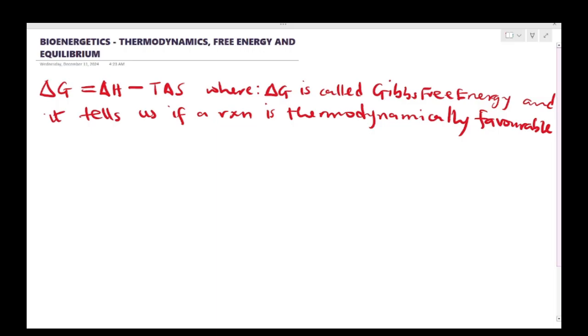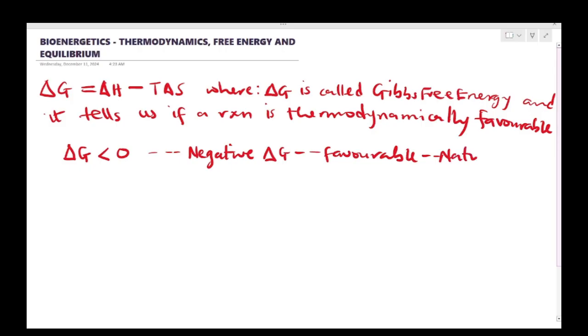So following the conditions, like we saw with delta H and delta S, when delta G is less than 0, it is a negative delta G. What that implies is that it is favorable.